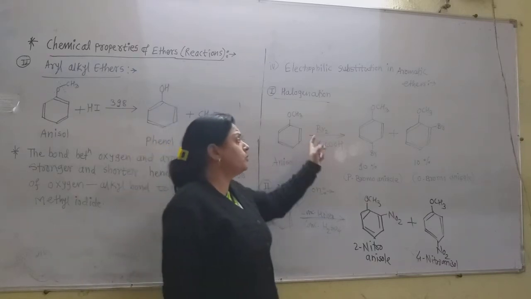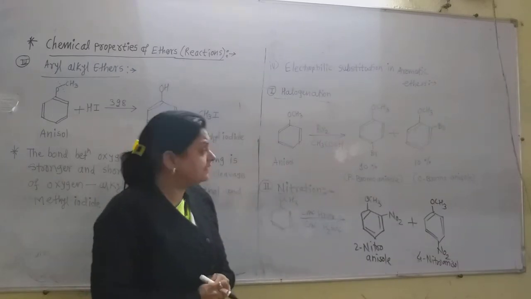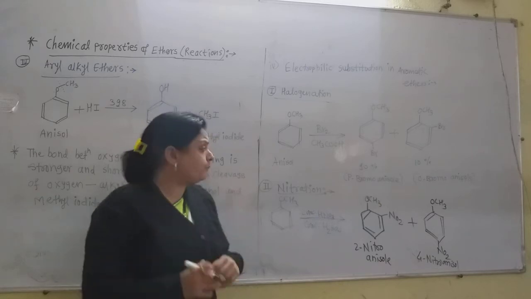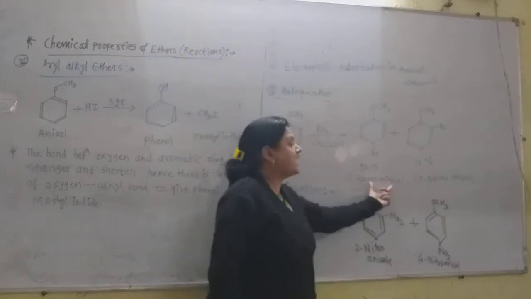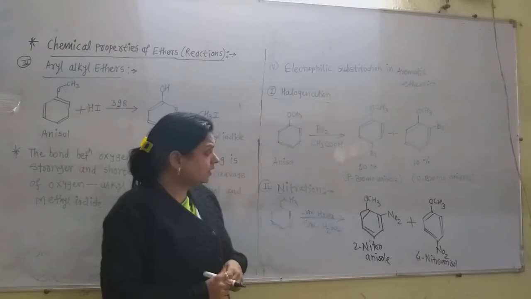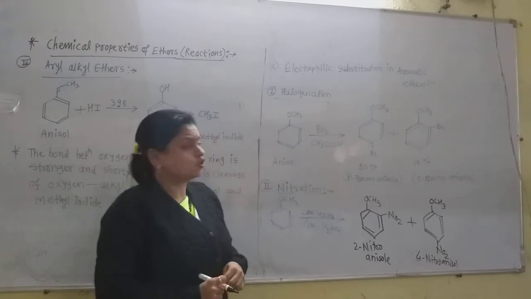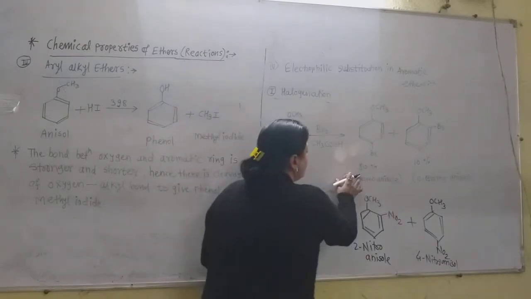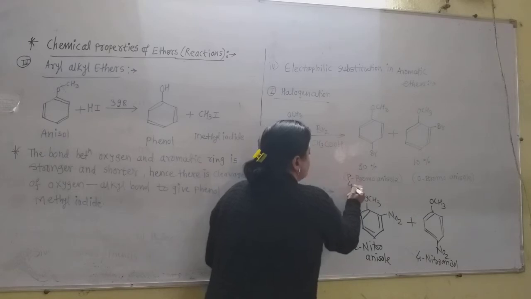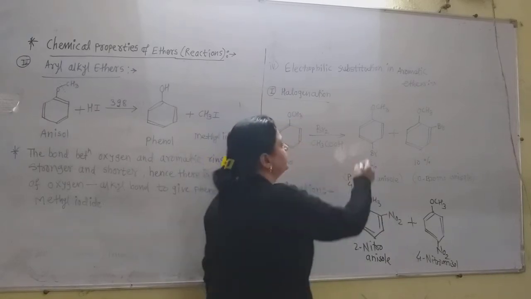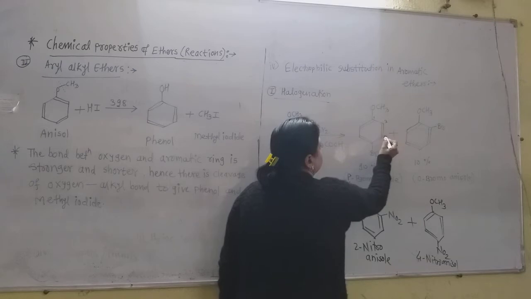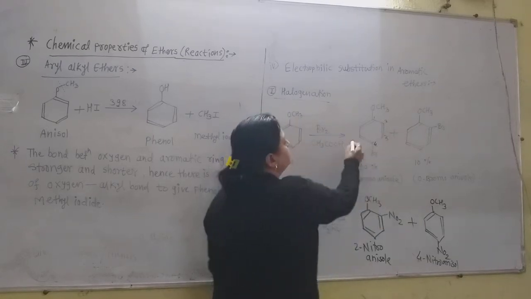When it reacts with bromine in the presence of acetic acid, it gives the major product para-bromoanisole. This is para-bromoanisole, or it is also called 4-bromoanisole because the numbering is given from this side: 1, 2, 3, 4, 5, 6.